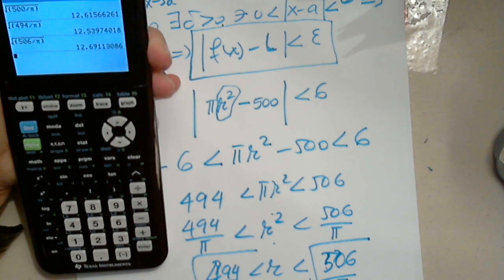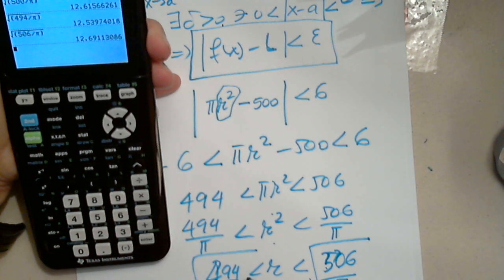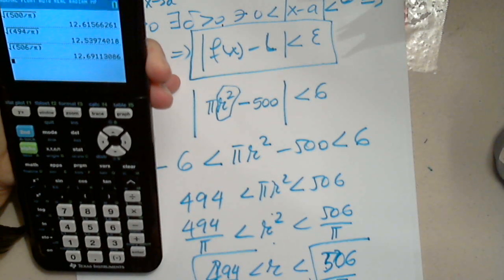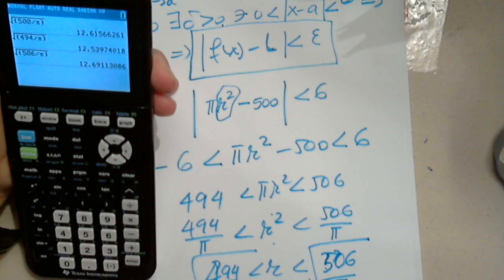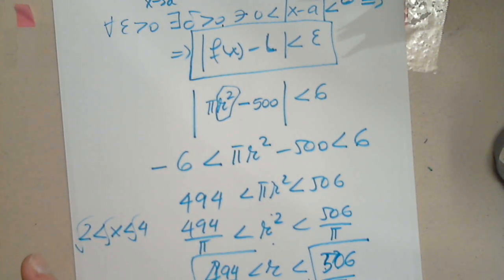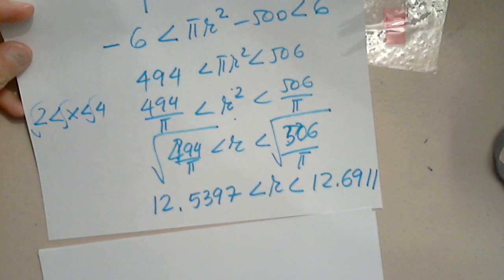So I get, I see the inequality symbol, so that's what I'm going to write for the lower one: 12.5397. And for the upper one, 12.6911. And that was part B. A lot of work on part B.